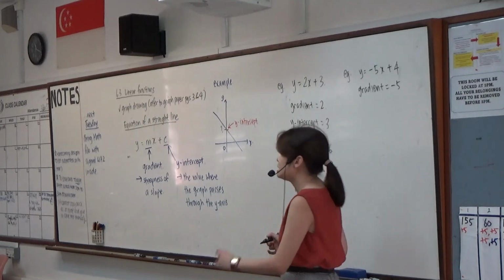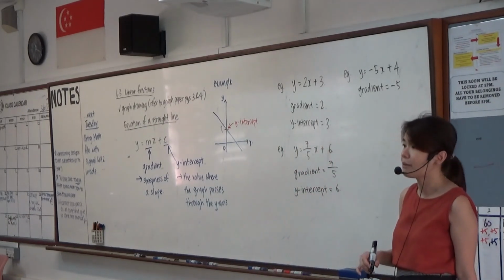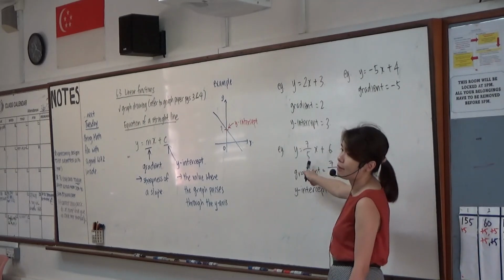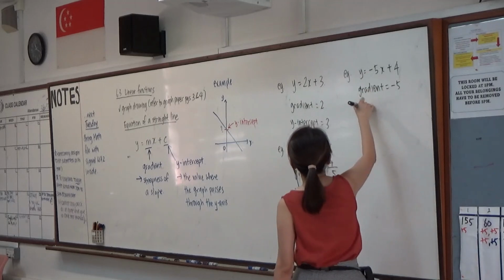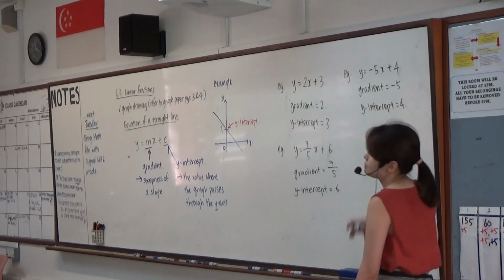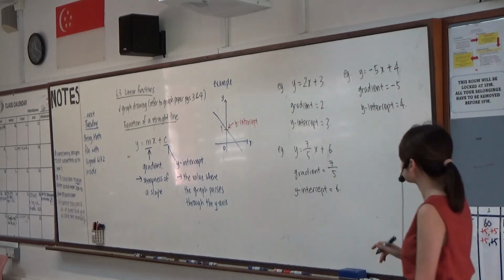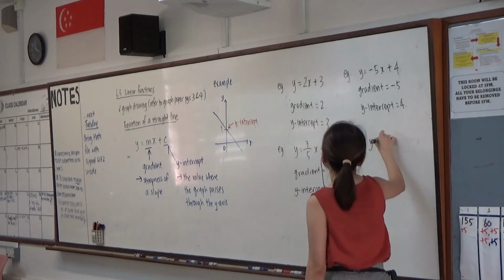Okay, so gradients need not always be positive numbers, neither must it be whole numbers. So like we saw here, it can be a fraction. Okay, so gradient is negative 5, and then our y-intercept is equal to 4.